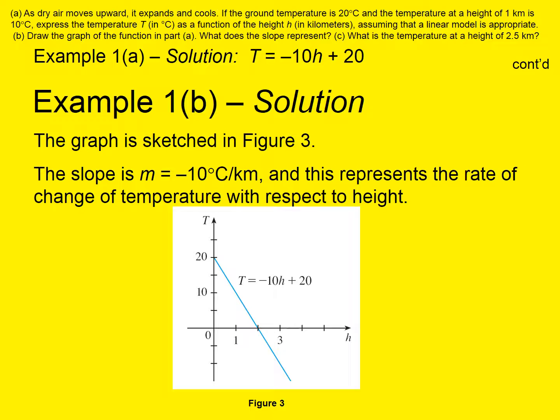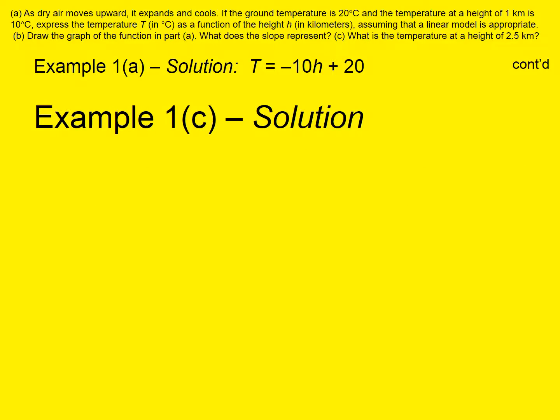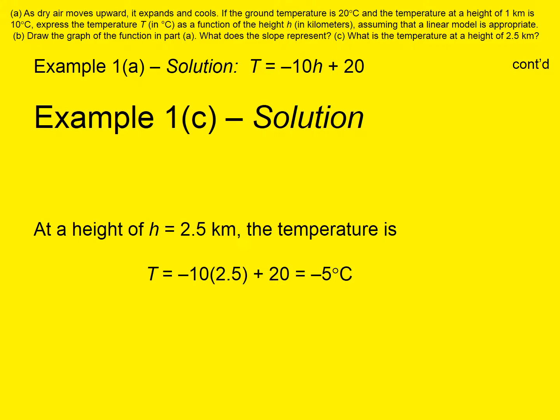So it's a rate of change of temperature with respect to height. So negative 10 per 1 kilometer change, right? As you go up, what if you go up 2.5 kilometers? It gets 10 degrees Celsius colder.